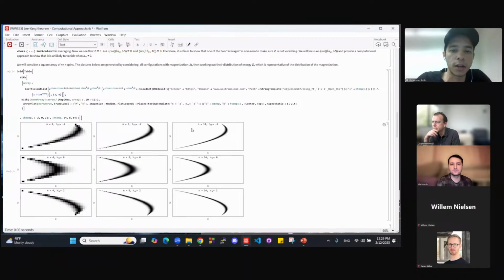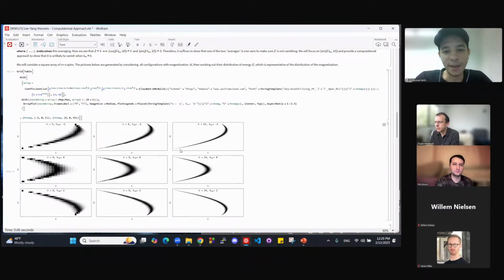So if I'm leaning towards negative M, then this sine average is unlikely to vanish, because it will keep taking contribution from the negative part, but not as much from the positive part. And the opposite when H real is positive and equals 2. It will take contribution from this part, but not from that part.